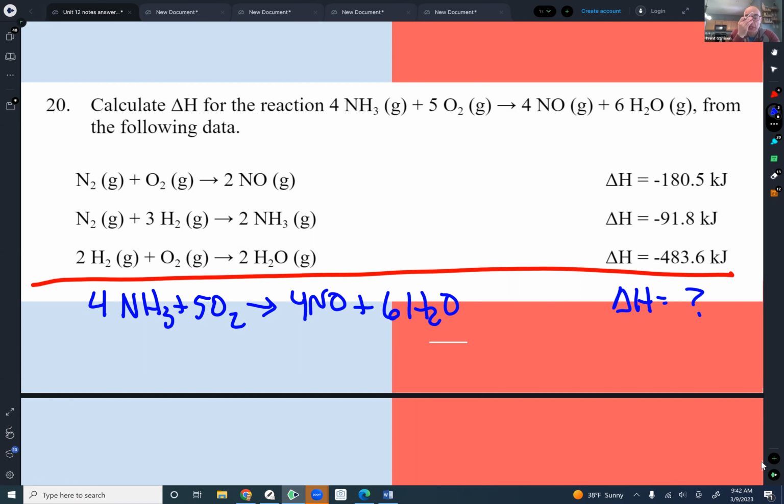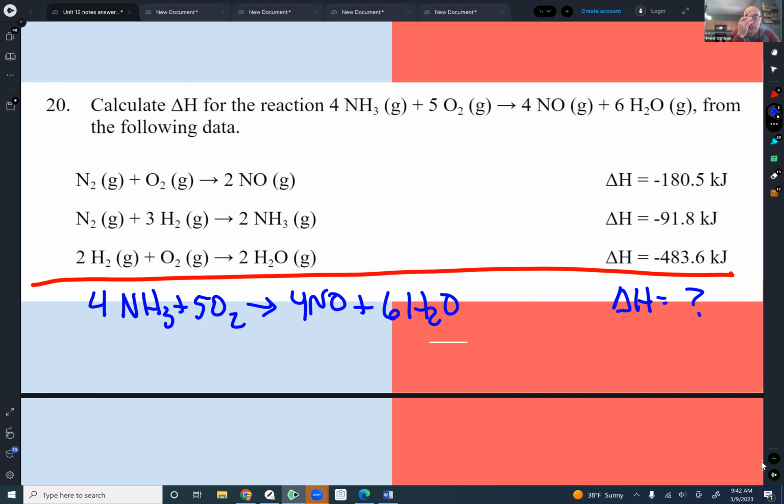In doing so, that will make 2 for the N2s, 2 for the O2s, and 4 for the NOs, which is what it needs to be in the total reaction. That means that this reaction is correct, except notice I multiplied by 2, then I need to multiply the heat by 2. The same thing down here, because I multiplied it by 2, I need to multiply my heat by 2.